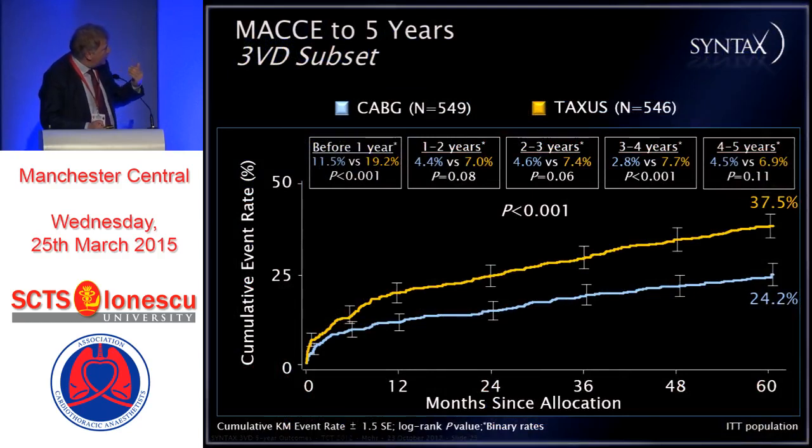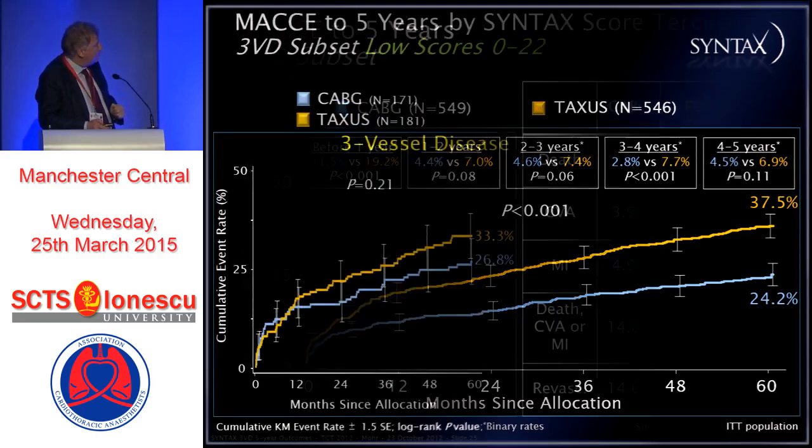So if we look at the 3-vessel disease subset, there is a 13% difference. That's even larger when you remove patients with left main disease, and you can see that this difference starts before 1 year and continues up to 5 years.